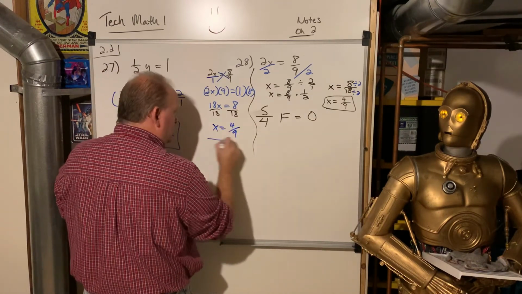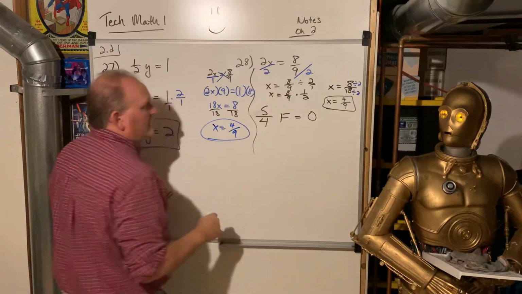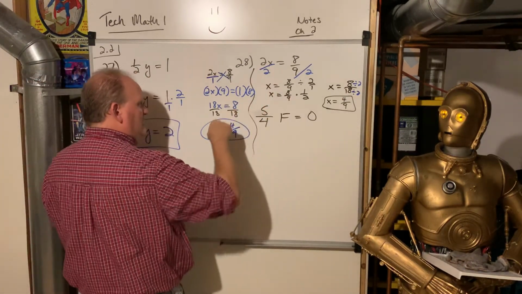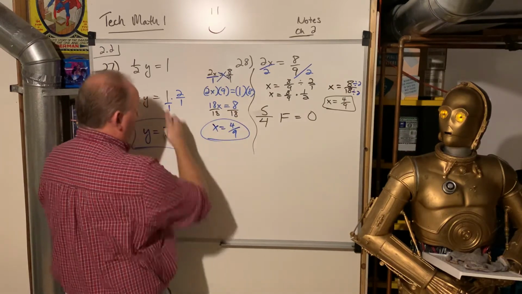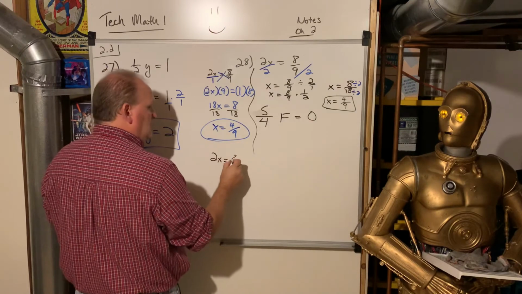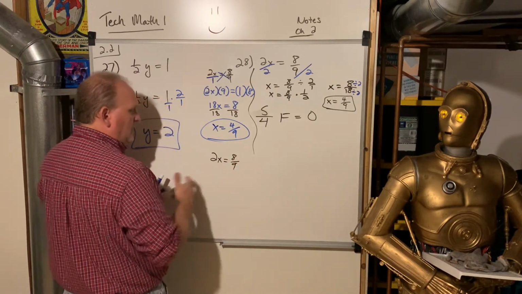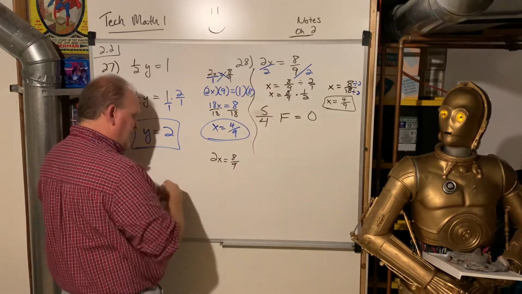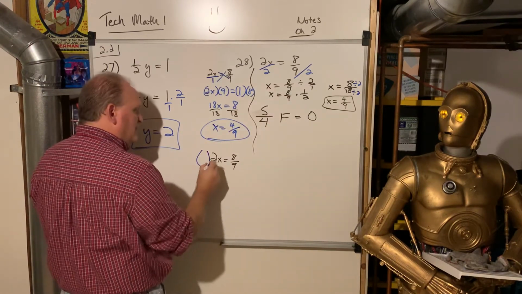There's a third way to do it, where you skip that, you skip this, and it's more like this. It's a very efficient way to do it, where you say, okay, normally I just divide by 2 like that, but because there's a fraction on this side, I'm going to multiply by the reciprocal.